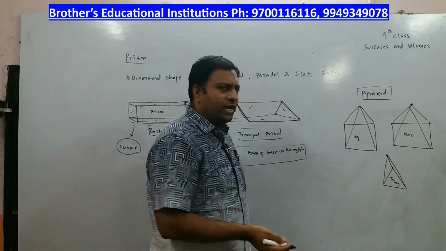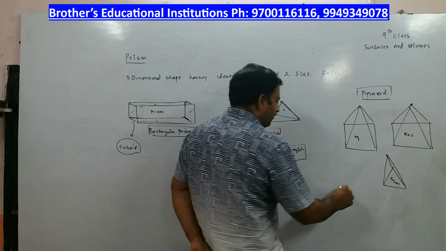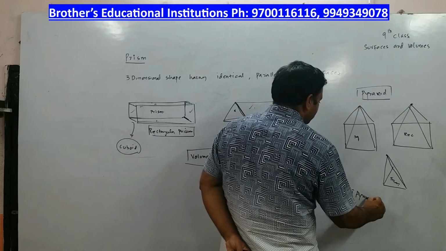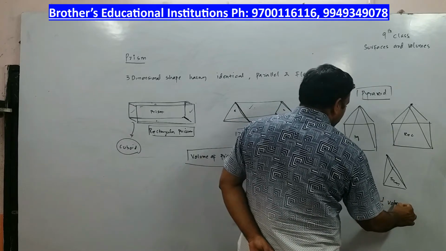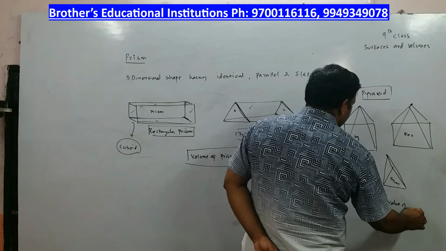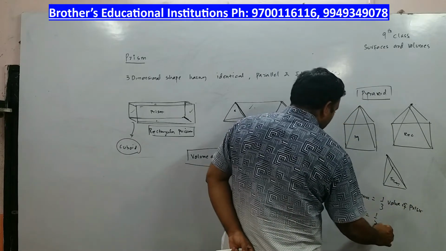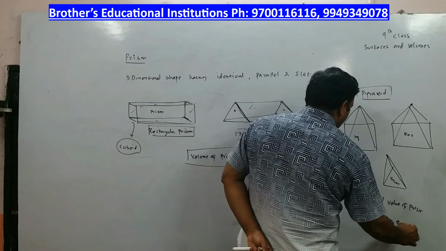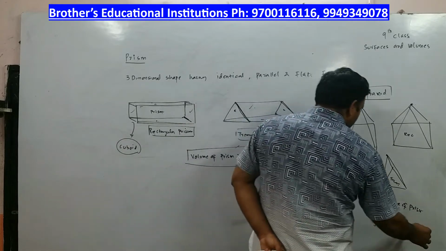Now I am interested to find the volume of the pyramid. Volume of the pyramid is equal to one third the volume of prism, or you can put it this way, one third the area of base. Here the base is square, so you will take the square's area into height.